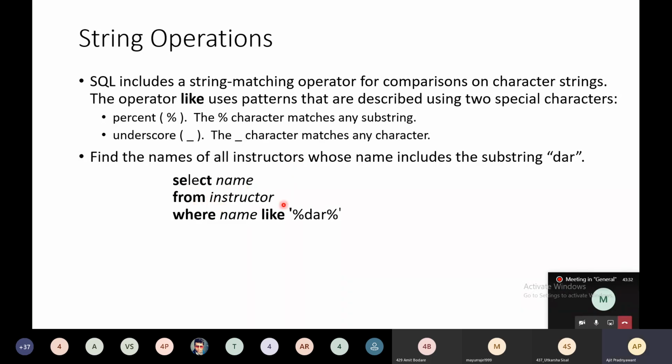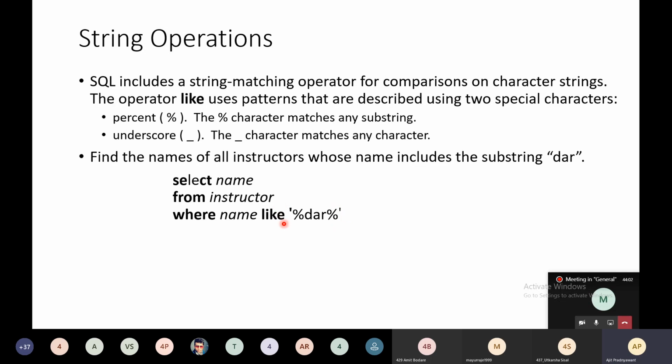from instructor where name, and you have to use the like clause, and mention this DAR using the percentage symbol in the query like this. In single quotes you have to mention the percentage, then the substring DAR, and end it with the percentage at the end of the single quotation.